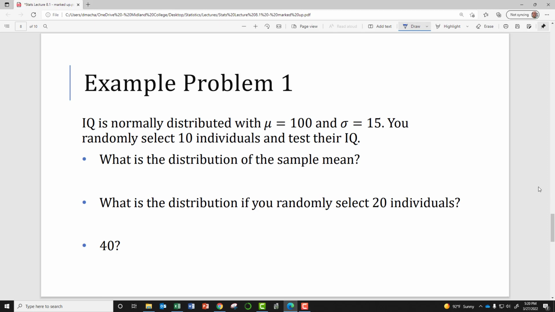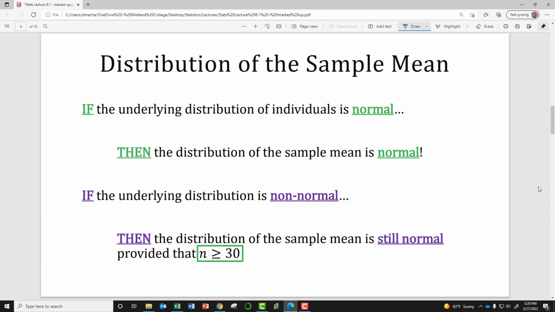And the answer comes from a previous slide. This slide says, if the underlying distribution of the raw individual measurements is a normal distribution, then the distribution of the sample mean is normal.